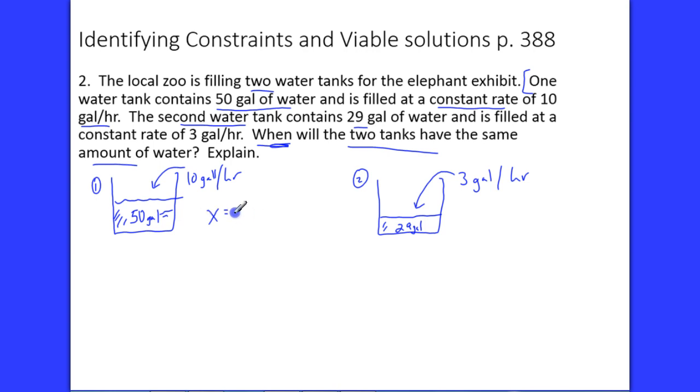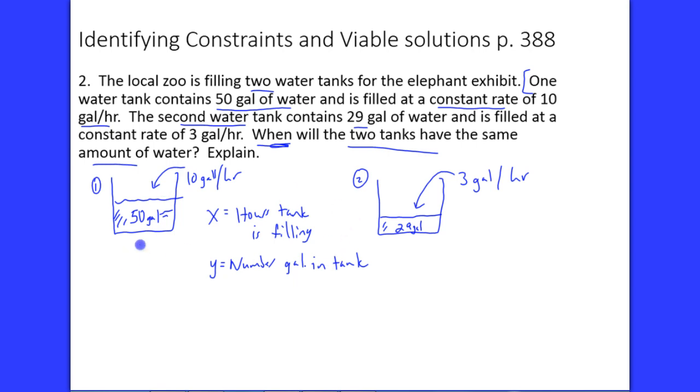So I'm going to let x represent the number of hours that the tank is filling. And I'm going to let y represent the number of gallons in the tank. And you may be saying, well, we already know how many gallons are in the tank. Yes, we do, but once we start filling it, that amount will be changing constantly.